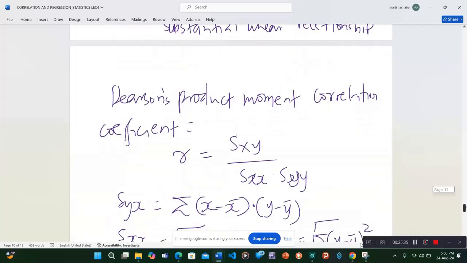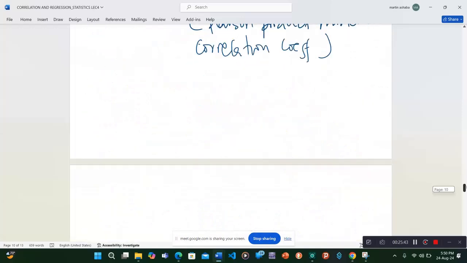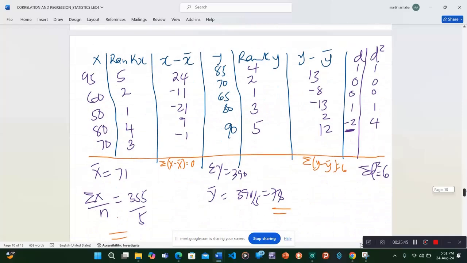Then for Pearson's product moment correlation coefficient, you need to get x minus x bar. You also get y minus y bar. Of course, you need to square them. Then you don't need the rank for y, you don't need the rank for x.